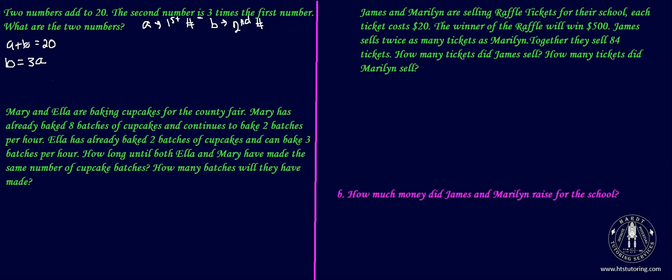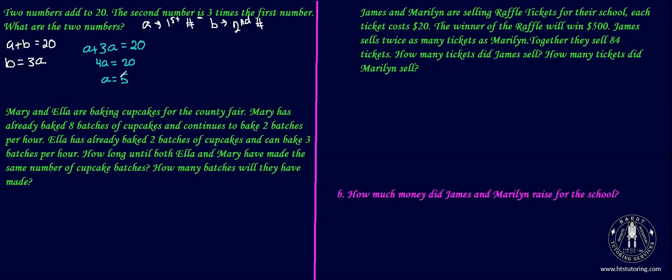So I know what B equals. B equals 3A. So everywhere I see a B in my first equation, I can plug in 3A. I'm just going to use substitution on this one. So I'm going to have A plus 3A equals 20. That gives me 4A equals 20. A equals, not 4, hold on, 20 divided by 4, which is 5.